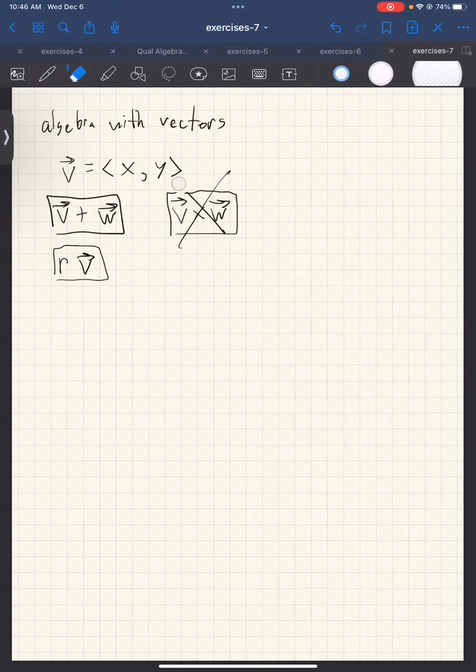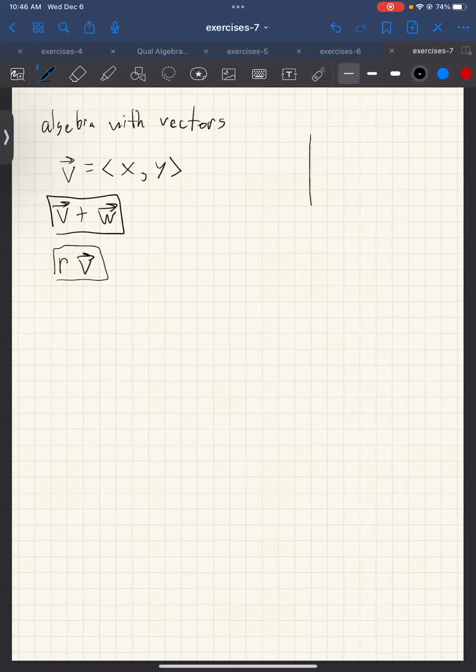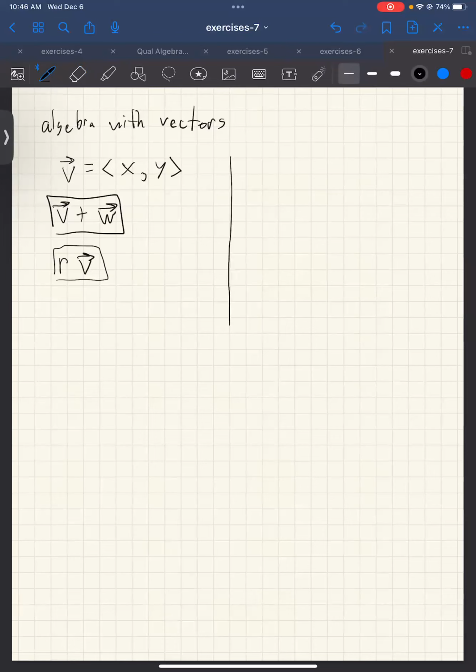Well, let's look at the xy plane here. And let's say I have a vector here. 1, 2, 3, 4, 5. 1, 2, 3, 4, 5.